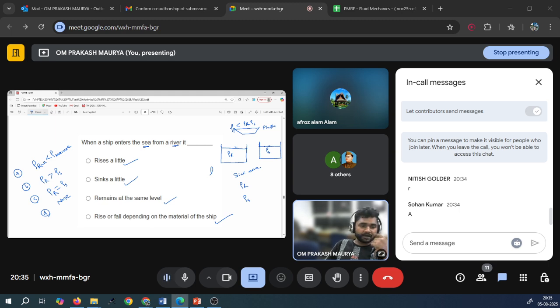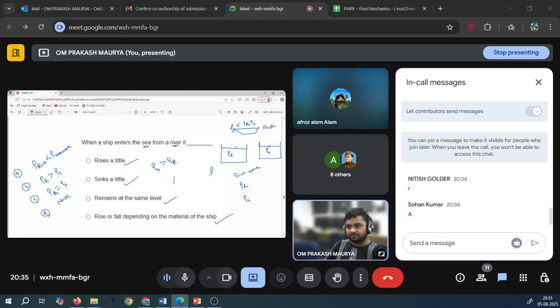One thing for another student I want to tell you: if the density is more, rho s more than rho water, let us suppose with the same force you want to remove anything, what will happen? It will be removed less.